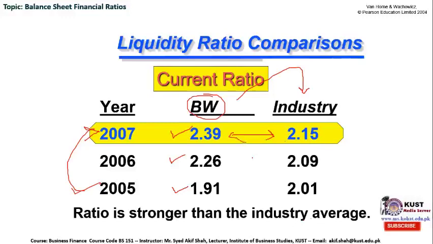We can see that in each previous year, Basket Wonder was performing better than the industry average. However, it was not performing better than the industry average in 2005. So this is the way we can compare the financial ratio internally within the company with itself, as well as with the industry benchmark.